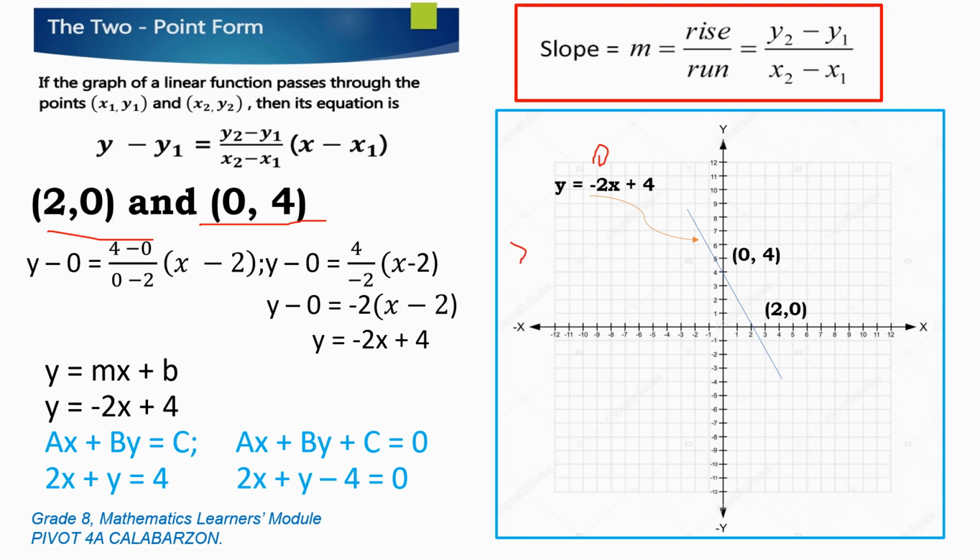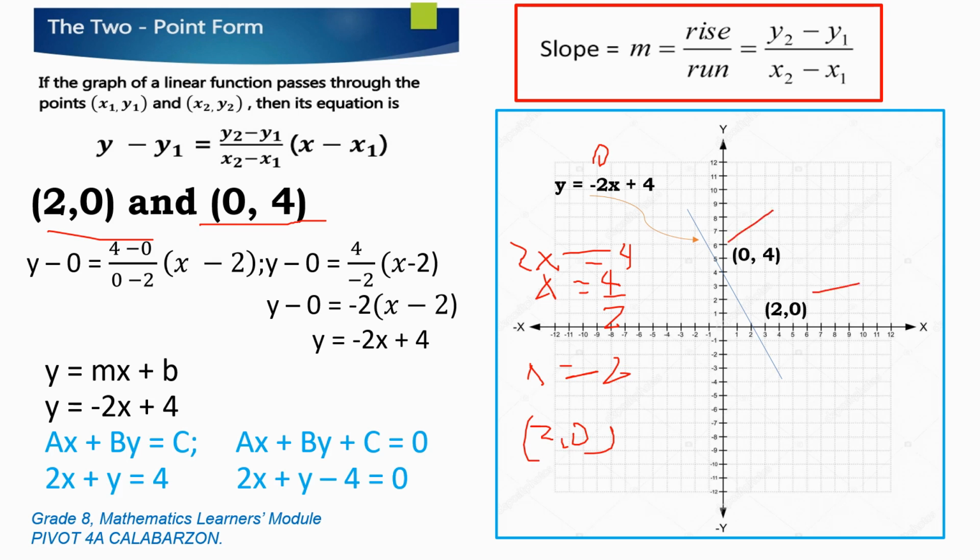Changing the position, so 2x equals 4. Then getting the value of x equals 4 over 2, x equals 2. That's why we have 2 and 0. Yun na po ang checking natin. And then dito po ay 0, 4, because we got intercept of 4, 0, 4.